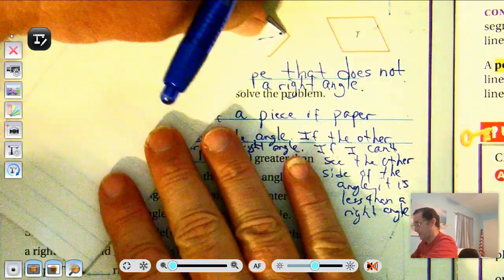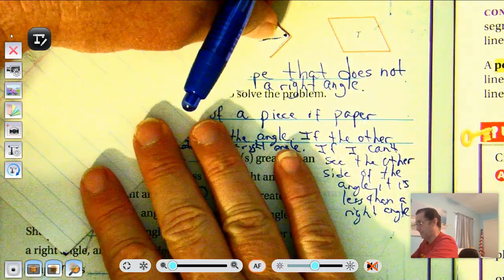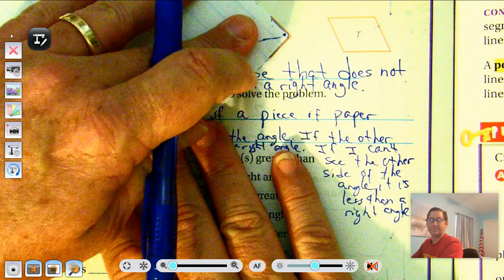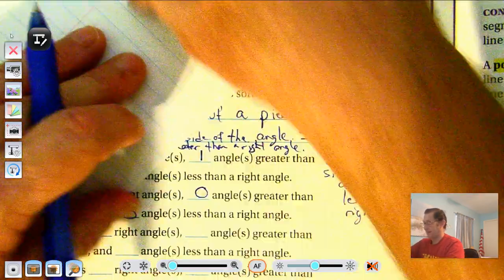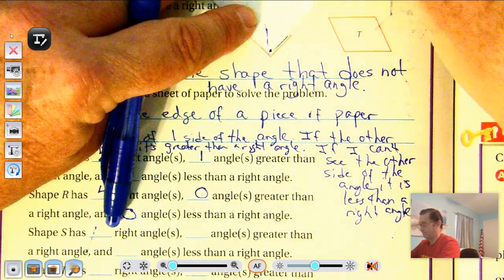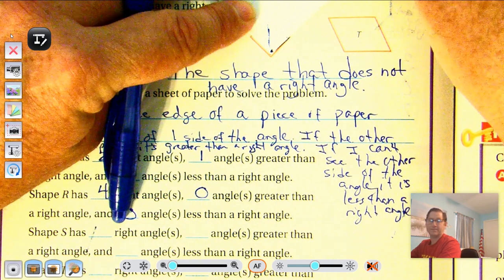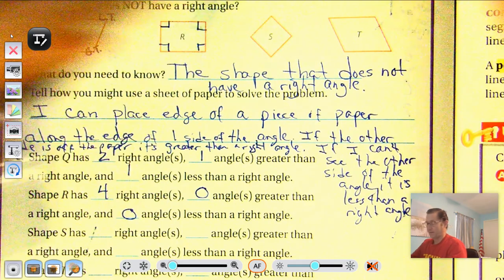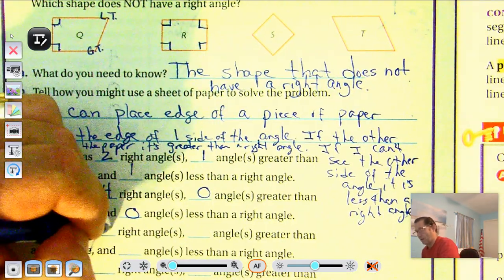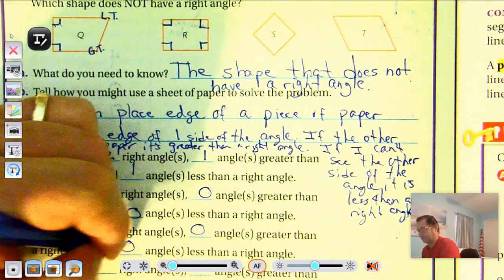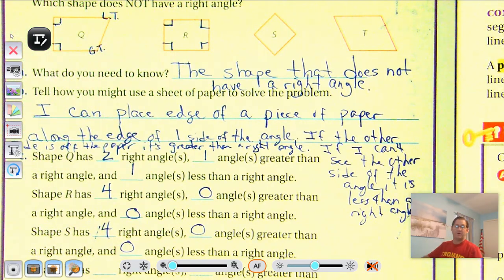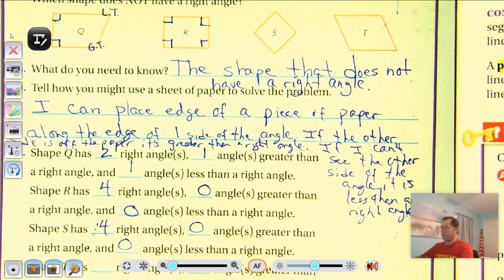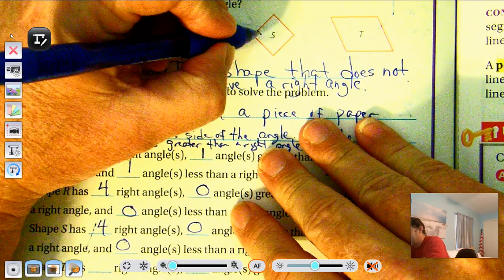If I turn it this way, line up the corners, and I see it again. So 3. And the bottom one, I see both parts of the angle right against the edge of the paper. This is 4 right angles. So 4 right angles for S, none that are less.